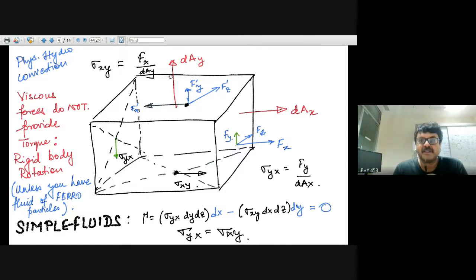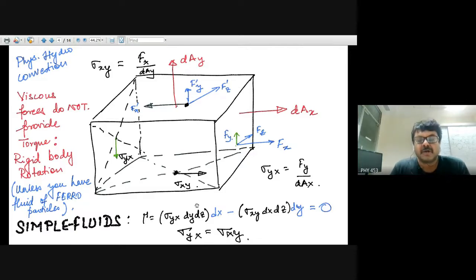And similarly, suppose this was the y direction, so this is dy, and suppose there was some force in the x direction acting on an element dy. Dy is normal to the force, and the value of that area element would be dx into dz. Suppose this is the z direction, this is the y direction, so this is dy, this is dx, this is dz.